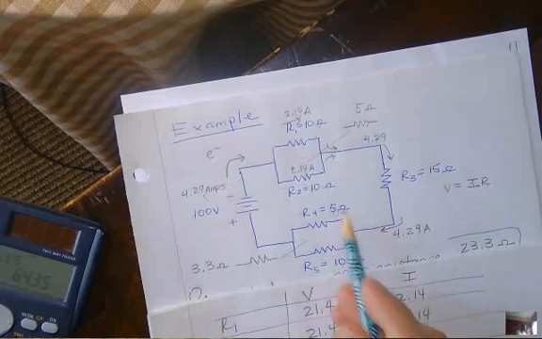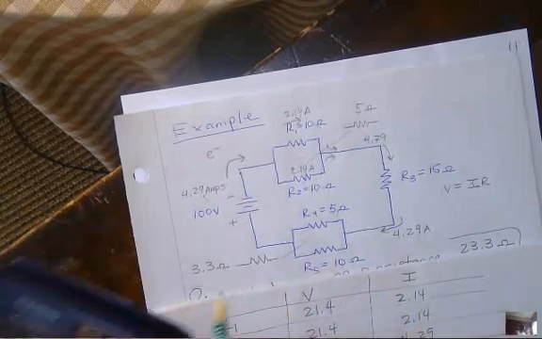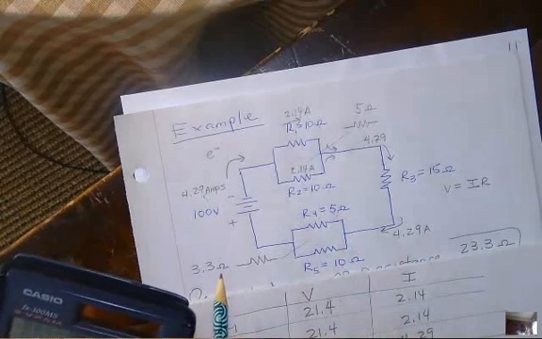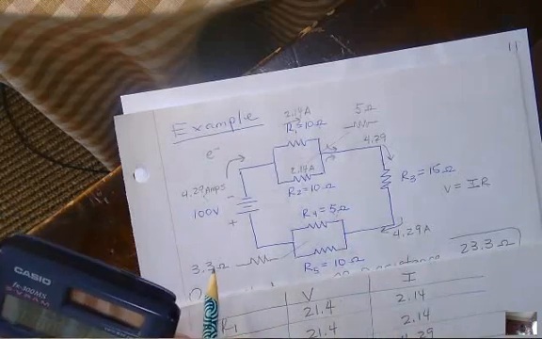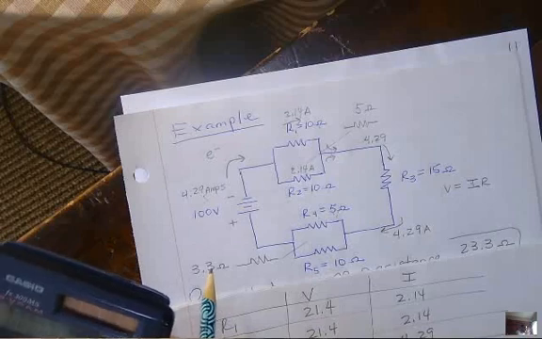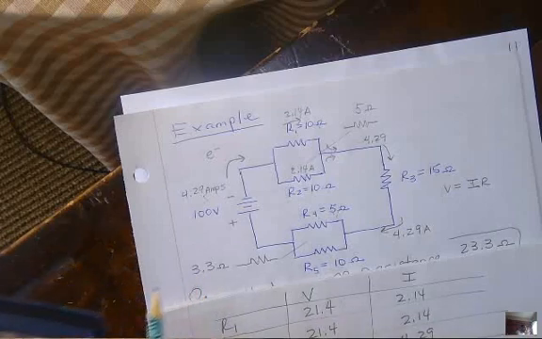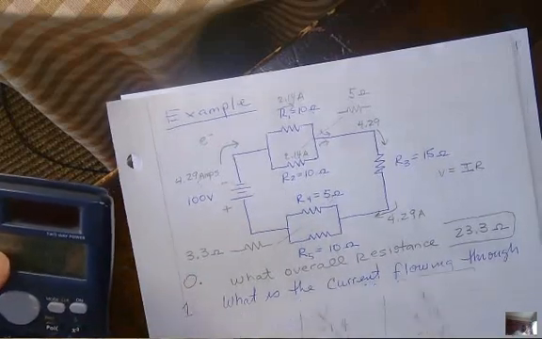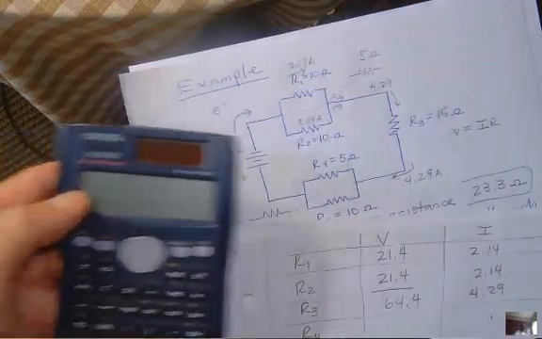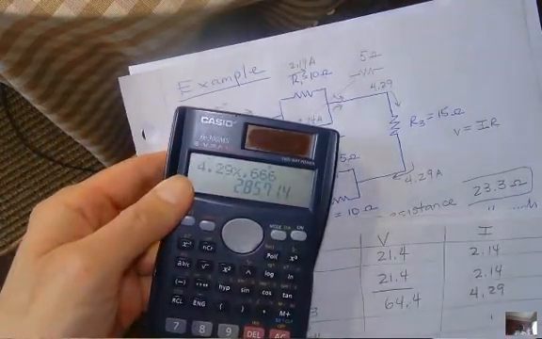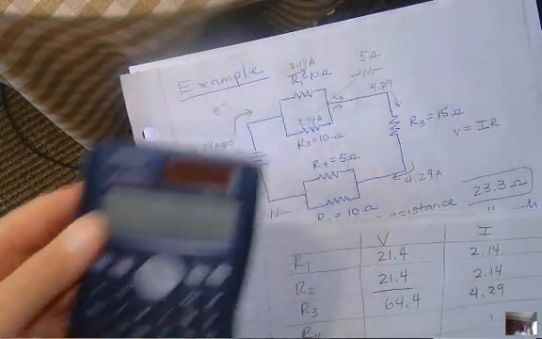Okay? All right, so if 2/3 go this way, I need 2/3 of 4.29. So 4.29 times 0.666. Okay, so the current going through R4, which is the top one, is 2.86.